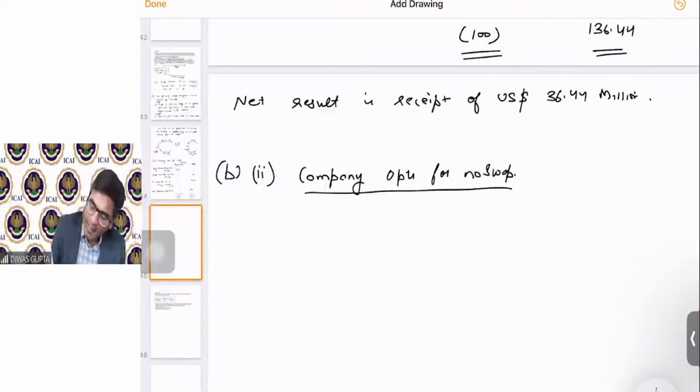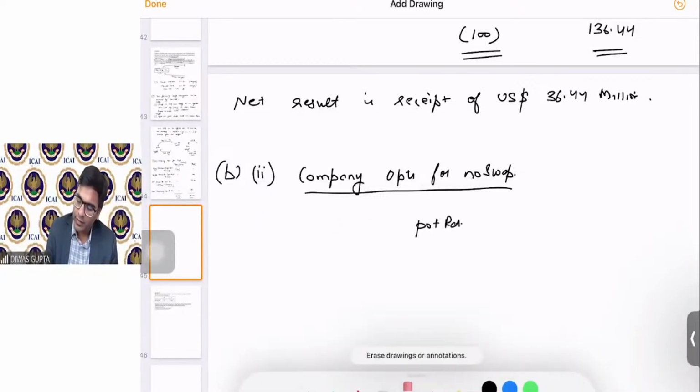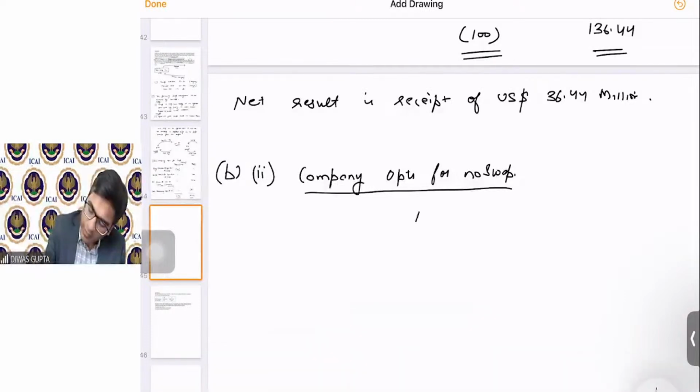The company will still buy 500 crores at the rate of spot rate, right? Okay, let me do one thing. Sorry, students. I will need to put it again 0 year and 1 year. This is year 0. This is year 1.